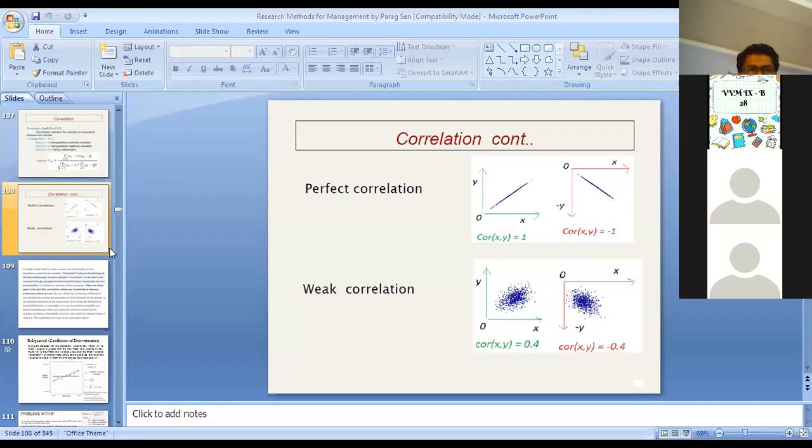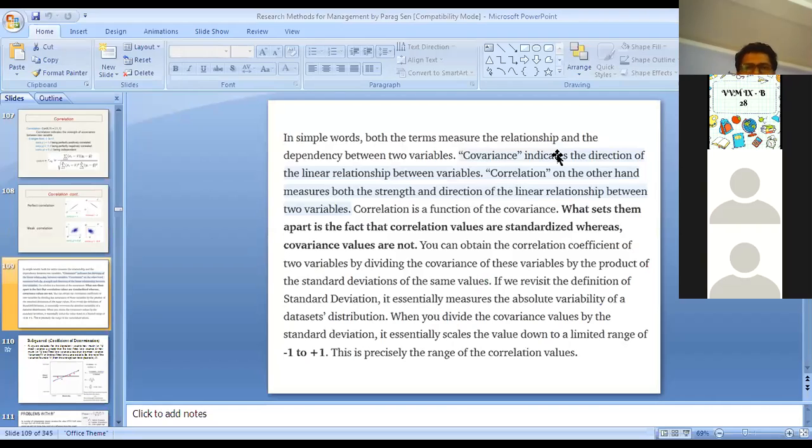covariance indicates the direction of the linear relationship between the variables. That means suppose you have x and y, where x is the independent variable and y is the dependent variable. Covariance will only tell you how they change together. If you increase x, whether y will also increase or decrease.